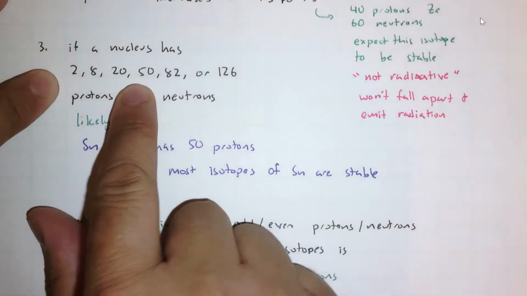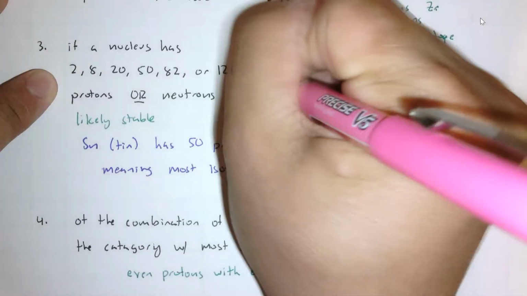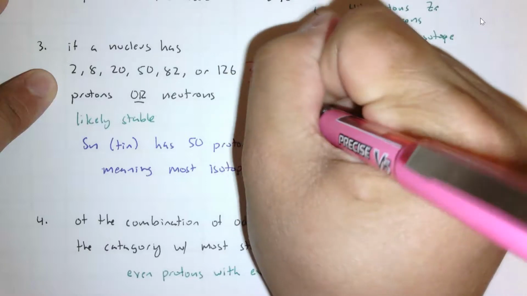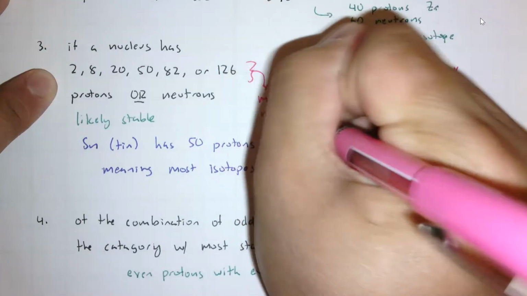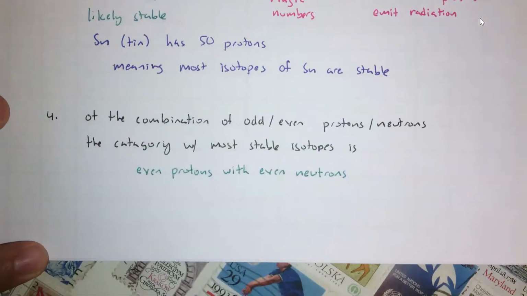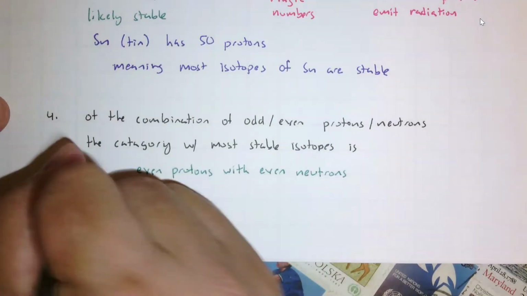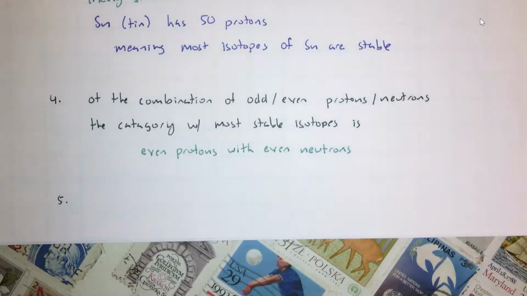These numbers that I would want my students to memorize are called magic numbers, or magic stability numbers, but we'll just call them magic numbers. We're not going to give any explanations for these trends. These are just trends that you would want to be aware of and be able to use to identify whether an isotope is stable or not.